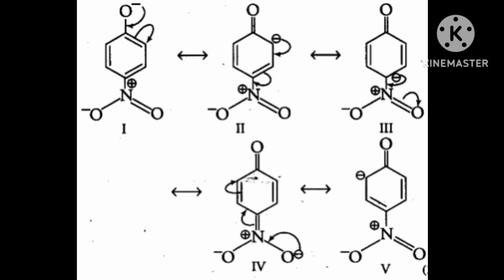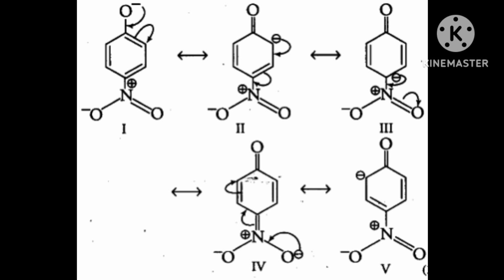The C double bond O will not break because it is strong. Then which bond will break? The single bond between carbon and oxygen breaks, correct? When this bond breaks, oxygen will take the electron and become negative, and carbon will be positive.